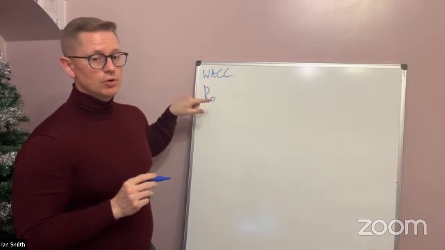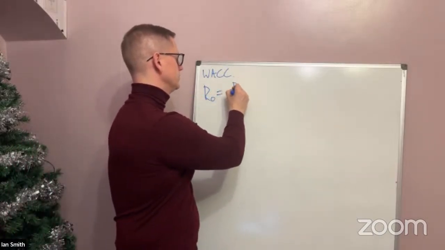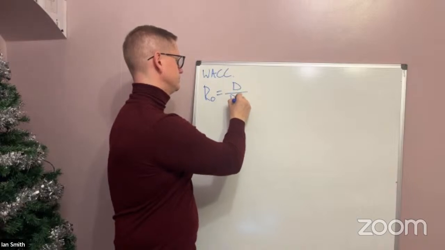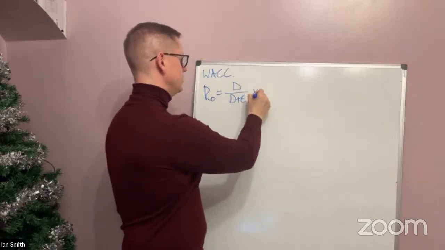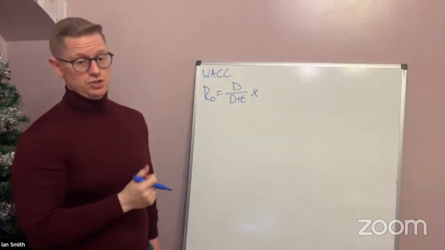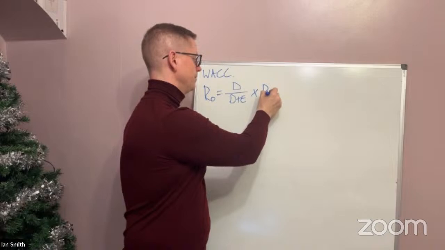To get to RO, we need to take into account the gearing, and then we need to multiply that by the cost of debt. The cost of debt we're going to call RD.